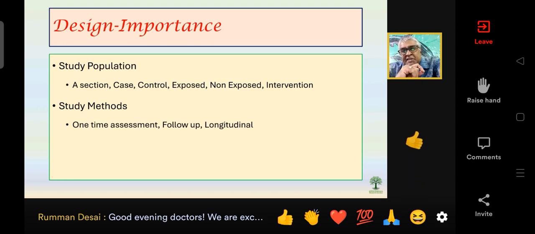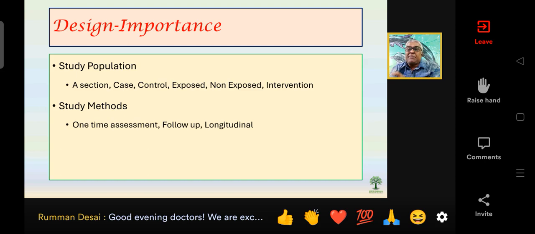The study design is also important in that it then determines the ascertainment and the time of ascertainment of study measures that are going to be done as part of this study. For example, it can be a single time assessment on a patient for the study. It can be that you will do multiple assessments over a period of time, longitudinal.